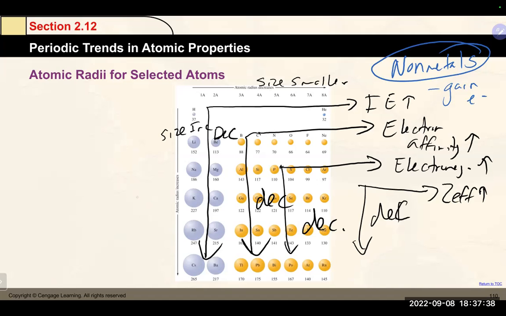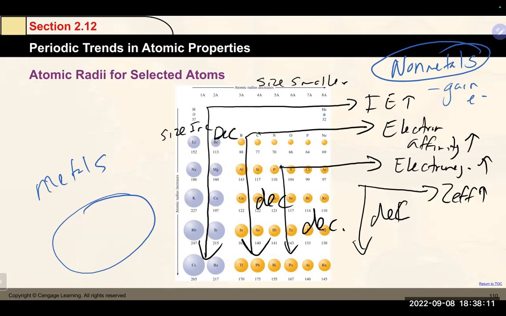Going pretty much to this side of the periodic table, where we have metals, going left and down, we have a much larger atom to begin with, which means our outer electrons are not going to be held as tightly, which means it has a low ionization energy, which means you don't have to do a lot of convincing to remove an electron. They have pretty much low electron affinity and low electronegativity, which means A, they don't like to gain electrons, nor are they interested in bringing electrons to themselves.